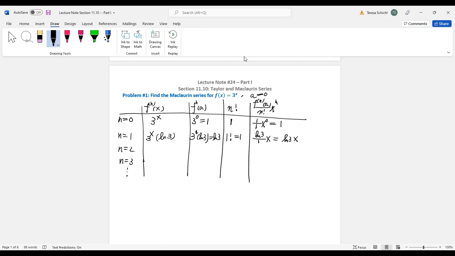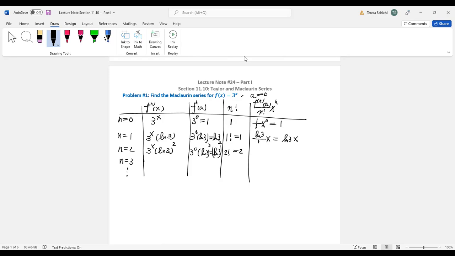Okay, so now let's do the second derivative. This is still 3^x. You adjust the constant; you need to take another natural log 3 here, so it's squared. Then you plug the number in, so it's 3^0, and this is natural log 3 squared. The n factorial, 2 factorial, is equal to 2, right?